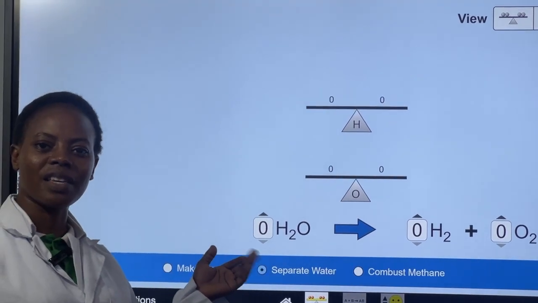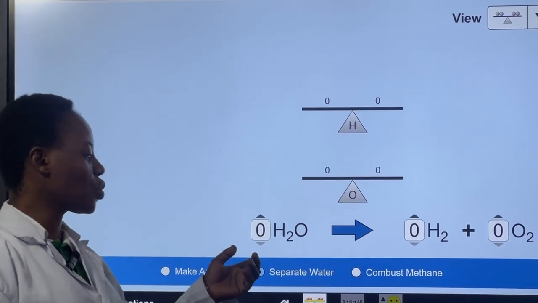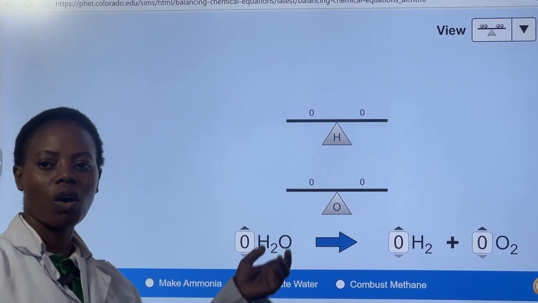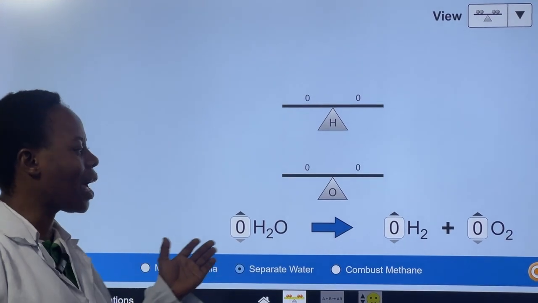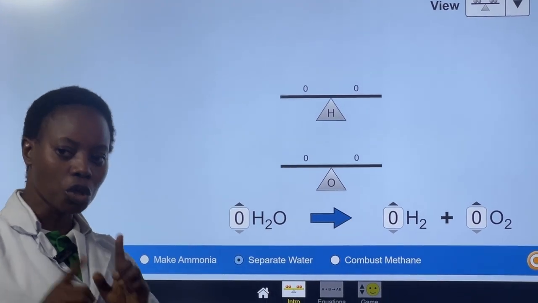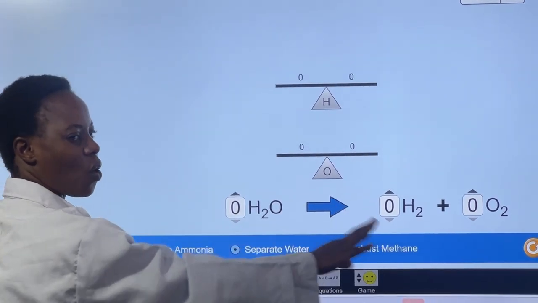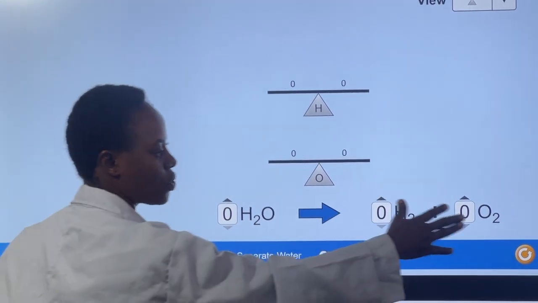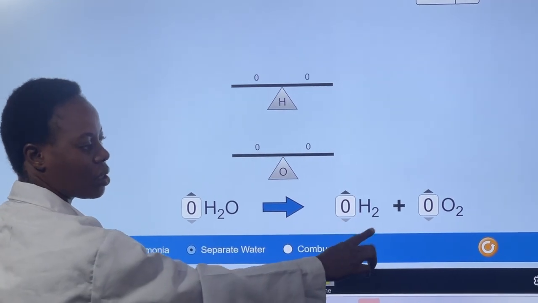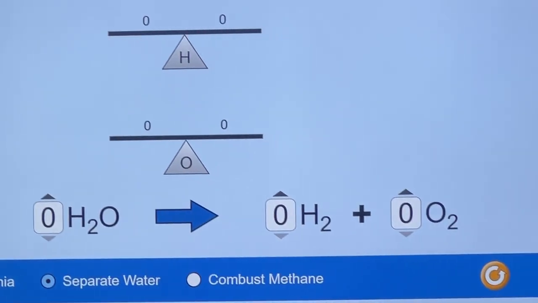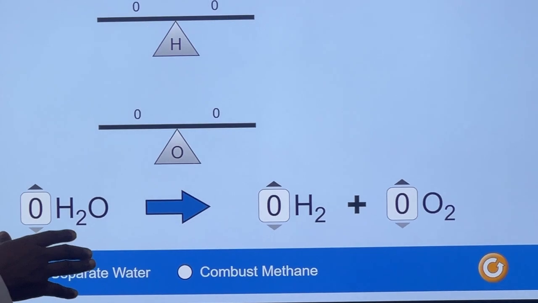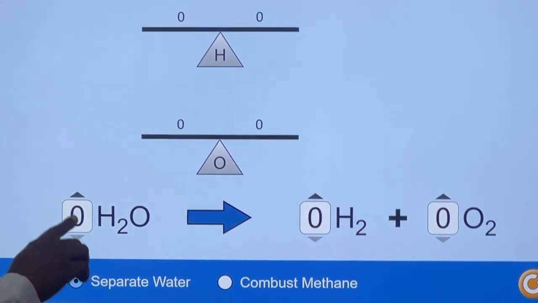Now let's look at example 2, and example 2 is all about the separation of water. Now how do we balance this equation? Don't forget, I said on the right side of my arrow, you have your products, and we have hydrogen and oxygen. Then on the left side of the arrow, you have the reactant, and in this case it is water.